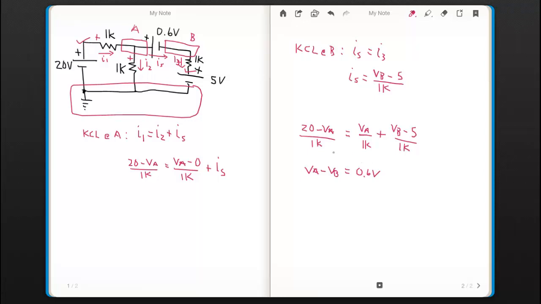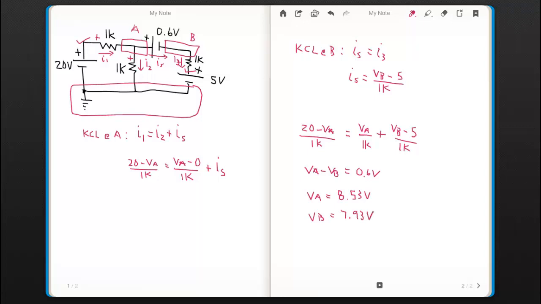Alright, so there are your two equations, your two unknowns. I solved for VA, and if you solve correctly, VA comes out to 8.53 volts. So VB has to be 0.6 volts lower, so VB is 7.93 volts.